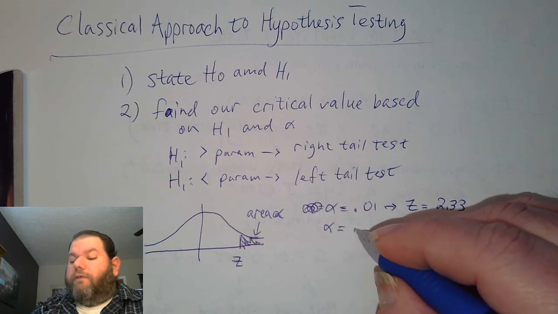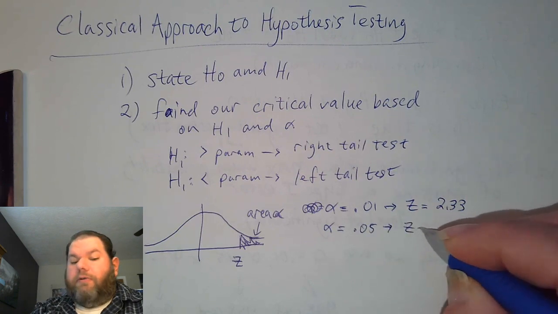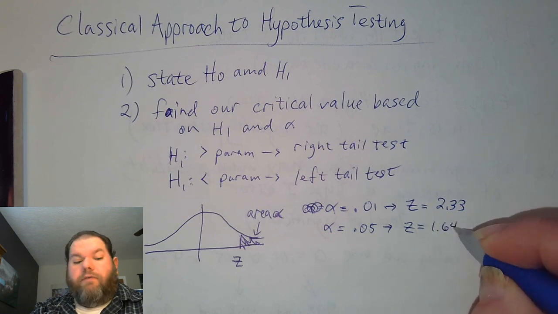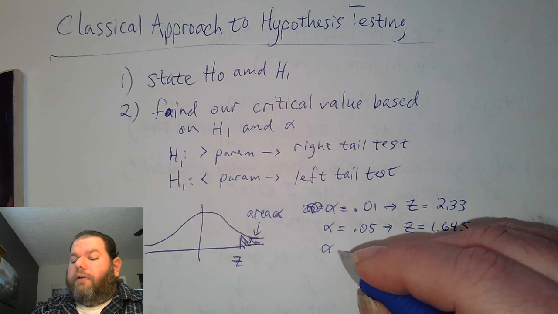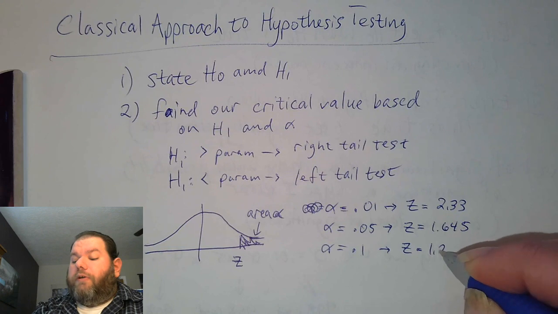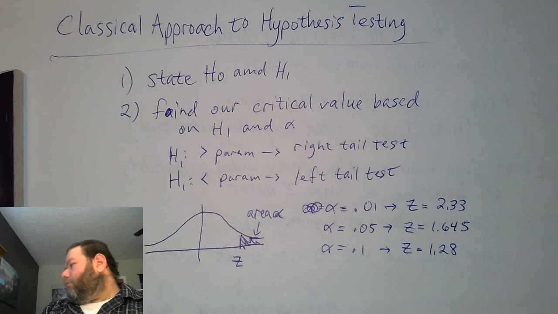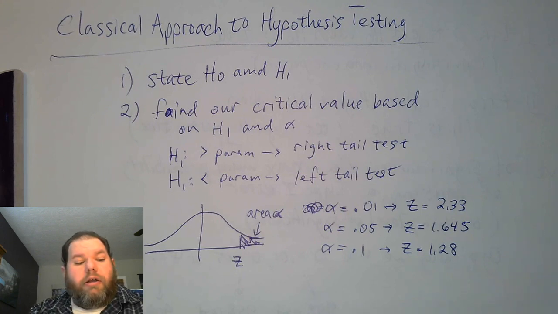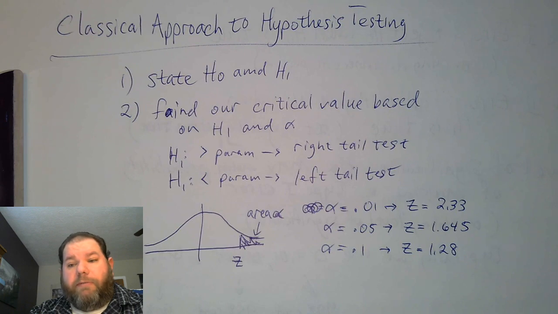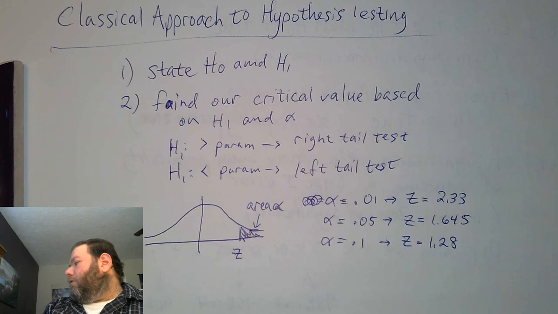Alpha equals 0.05 would tell us that z is equal to 1.645, and alpha equals 0.1 would tell us that z is equal to 1.28. So depending on which level of significance we're using, we can tell what our z is going to be based on that. Okay.